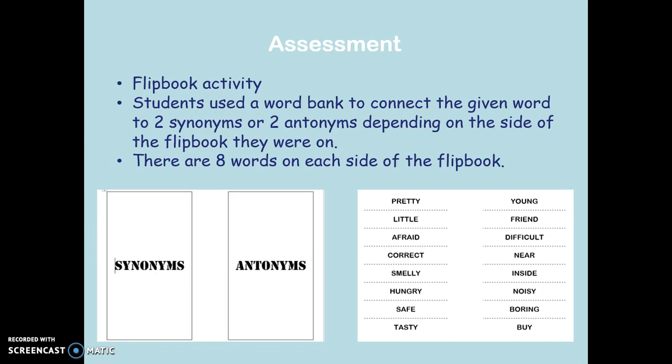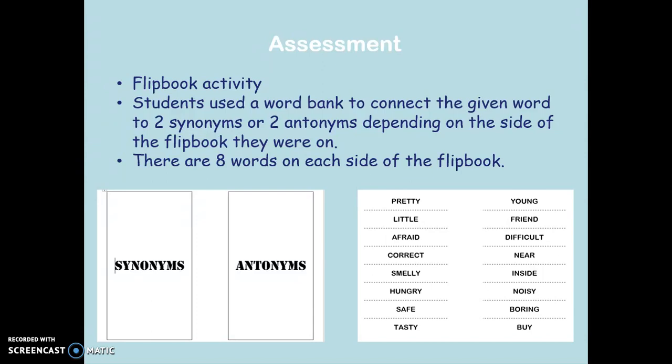So every word on the left side was supposed to get synonyms, and every word on the right side was supposed to get antonyms. There were 8 words on each side of the flipbook, and that's what I used to assess their learning of the lesson, whether they were able to give the correct words for each of the given words.